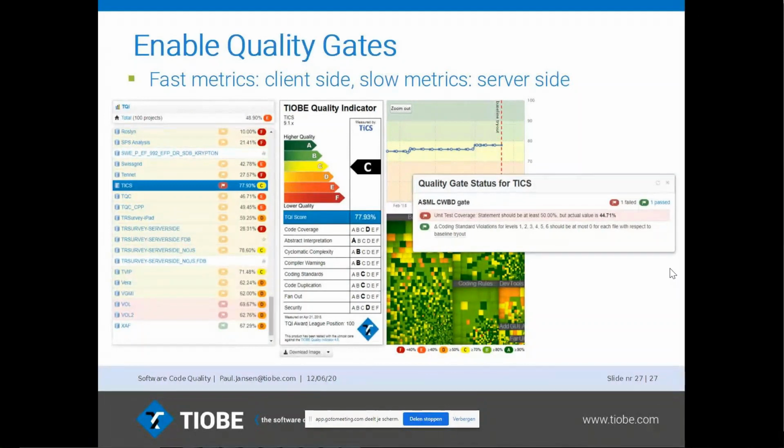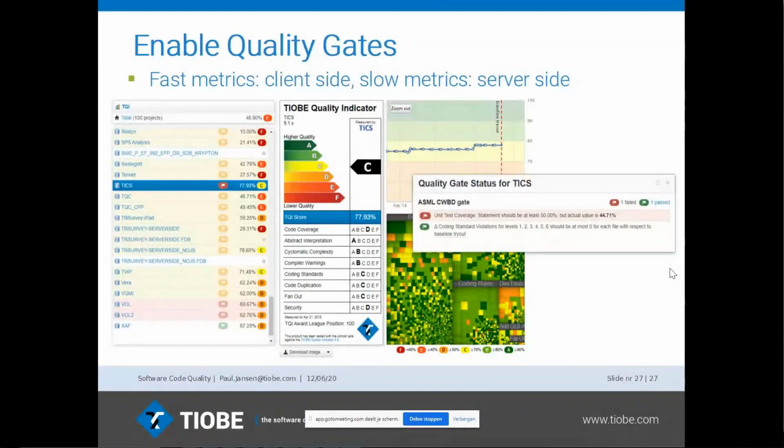One slow metric, for instance, is usually code coverage. If you have a lot of unit tests to run and it takes 3 hours to run all your unit tests, then of course you cannot put that on the client-side machine, because this engineer doesn't want to wait for 3 hours. So that's typically done at the server side. And there you can set targets as well.